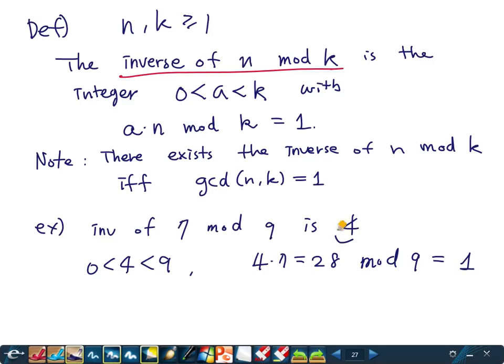So 4 is the inverse of 7 mod 9, because 4 times 7 mod 9 equals 1. The remainder is 1 when divided by 9. All right? This is the definition of inverse. So we change the definition of the inverse slightly so that we can really have integers there.